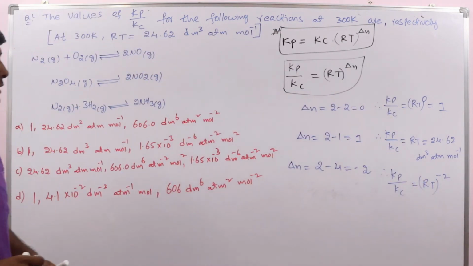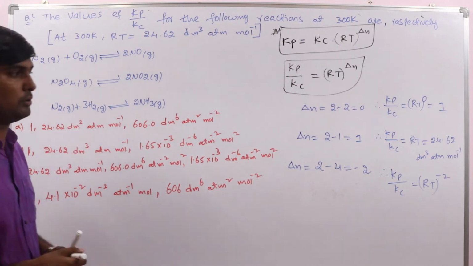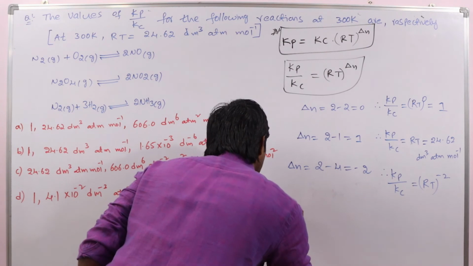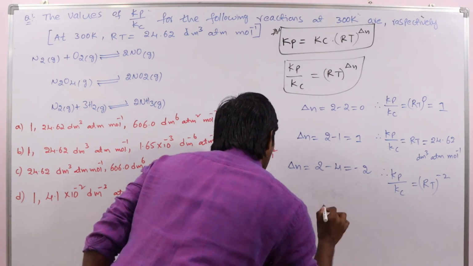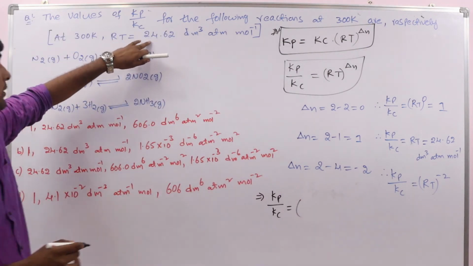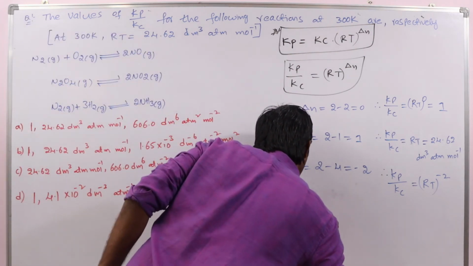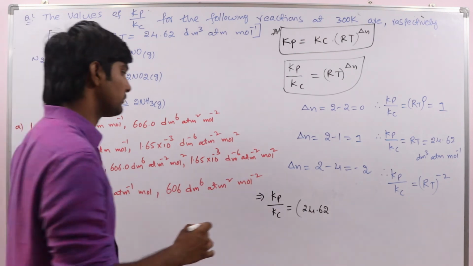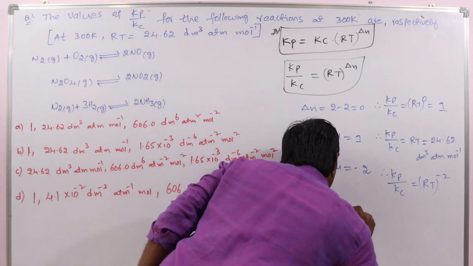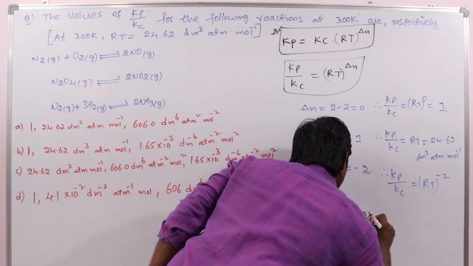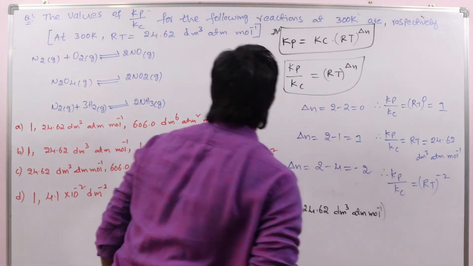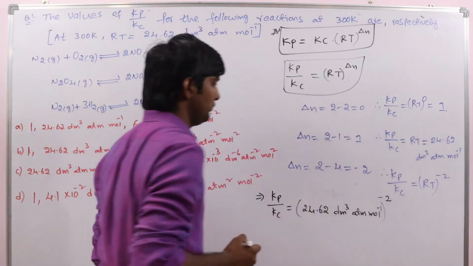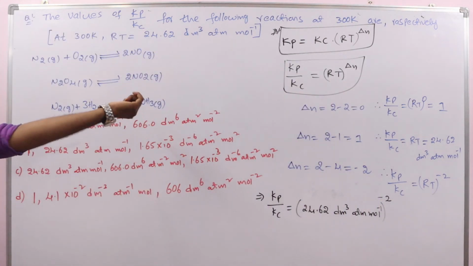So Kp by Kc is equal to the RT value they have given, 24.62 decimeter cube atmosphere mole inverse, whole power minus 2.